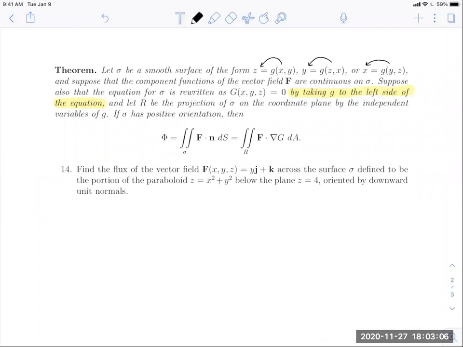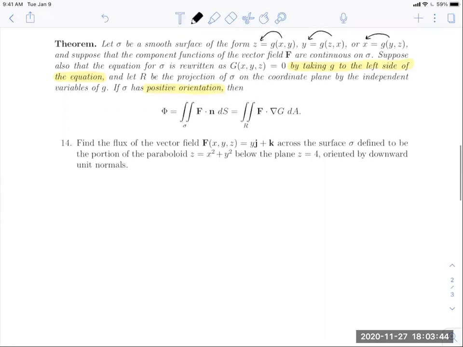If sigma has positive orientation, so again, here's that clause about keeping track of signs, then the surface integral of F dot n dS can be expressed as the double integral over the region R of F dot gradient g dA. All right, so we're avoiding going through the agony of computing the surface integral, and instead we're just going to compute a double integral in rectangular or polar coordinates, whichever one makes more sense given your circumstance.